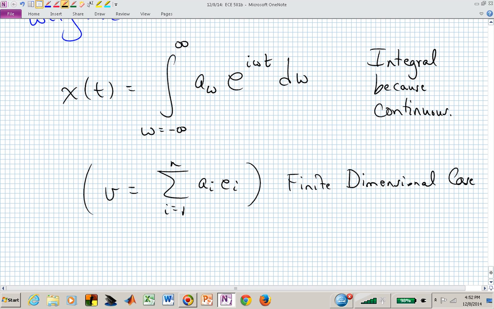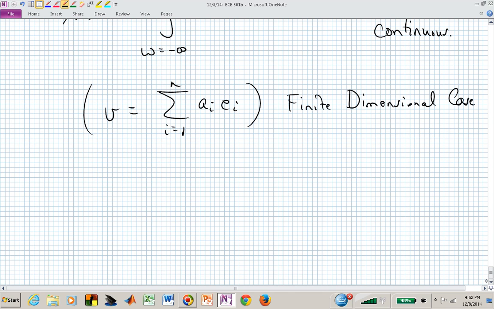And now we really have two different ways of breaking this signal apart. We also have the A's, which in earlier classes we might have called some capital X of omega, the frequency domain version of this signal.